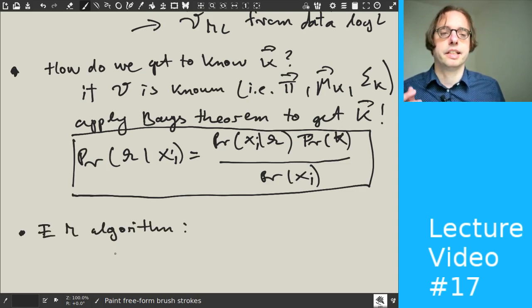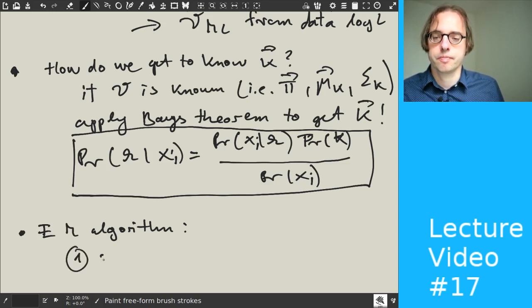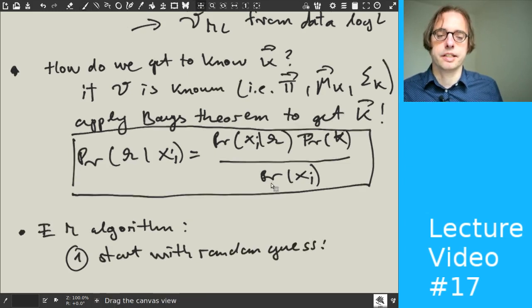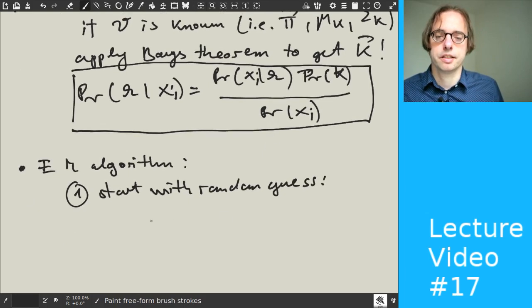It basically iterates between two steps. So start with a random guess. So either we guess theta hat or we guess k, or actually, as I said, we don't use k, we use the probability of k given xi.